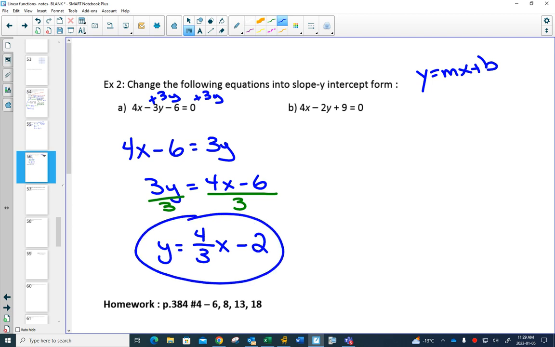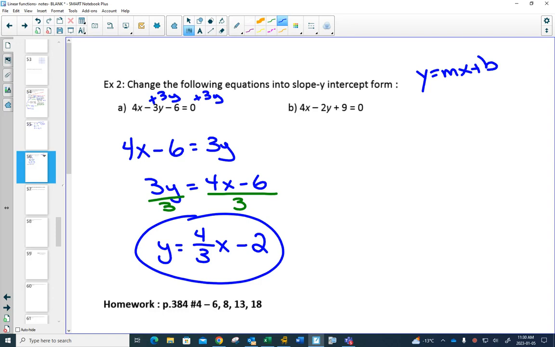And I've now changed it to y equals mx plus b form. The nice thing about y equals mx plus b form is if you had to graph this, you already know the y-intercept is at -2. You already know the slope is 4 over 3, so it goes up 4 over 3, up 4 over 3, and you could find other points really quickly. So for graphing, y equals mx plus b is really, really nice.